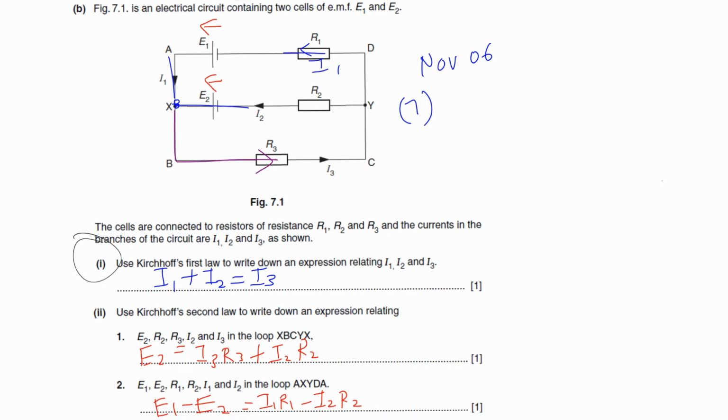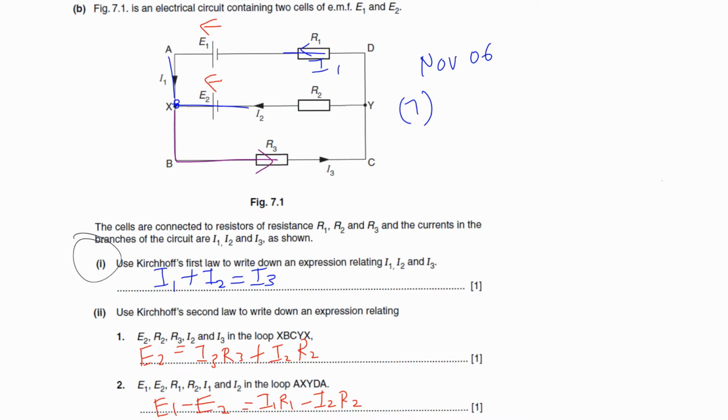Positive or negative PD? Positive, very good. So what is the formula for PD? IR. So what is the I? What's the resistance? So it's I2 R2.